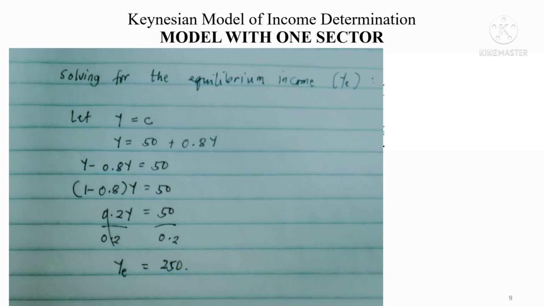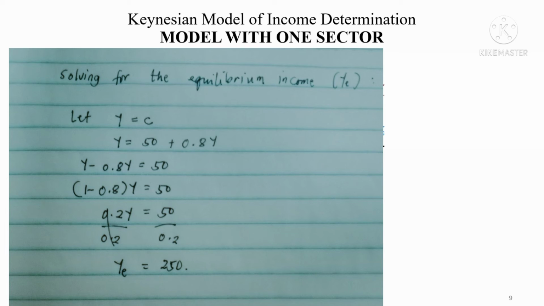So we will now solve the equilibrium income from the given. First, we let Y equal C, then substitute the C equation, which is 50 plus 0.8Y. The next step is to combine similar terms. So we transfer 0.8Y to the left, and it is now Y minus 0.8Y is equal to 50.